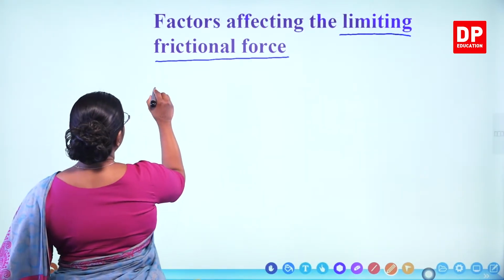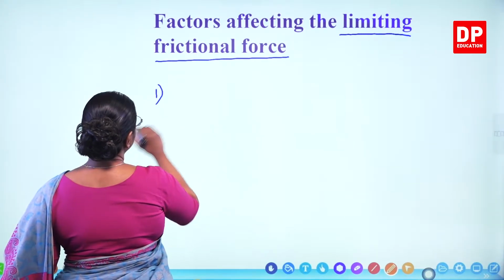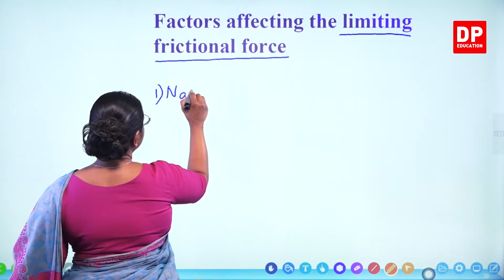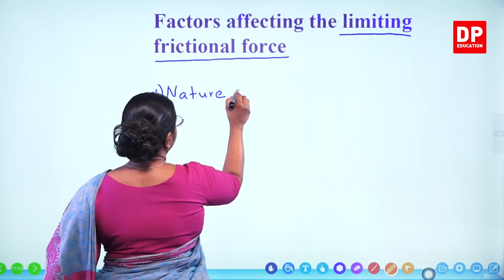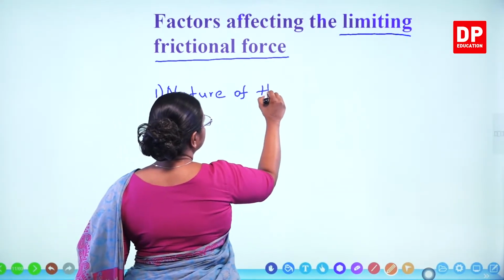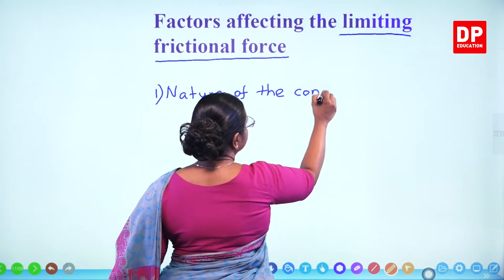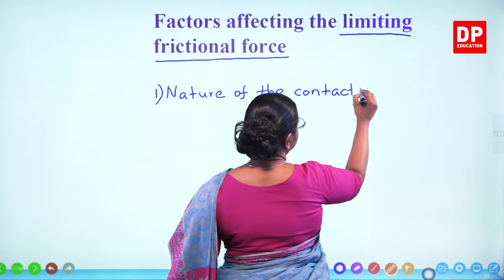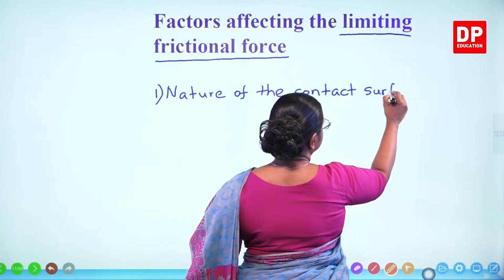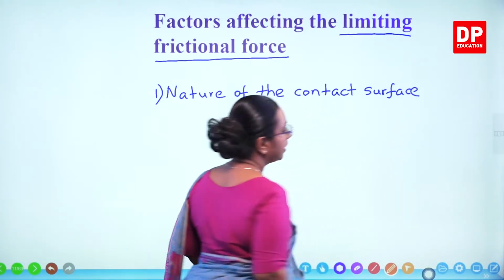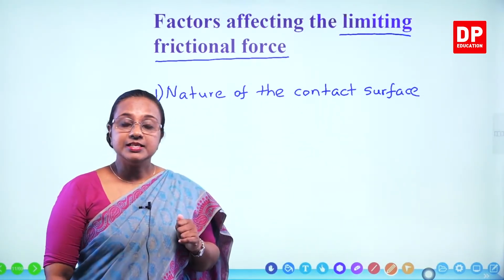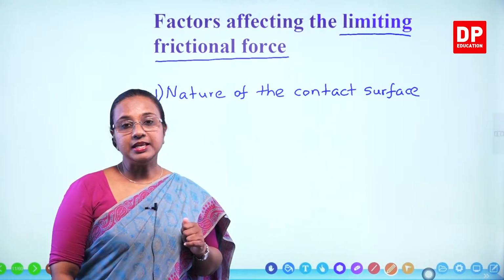So that is one factor that we need to check: nature of the contact surface. We discussed one example at the beginning.